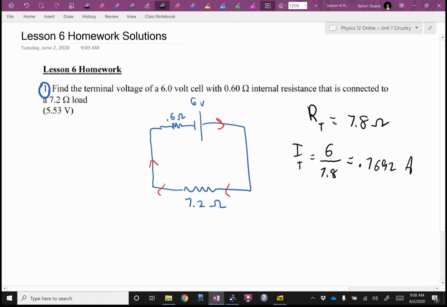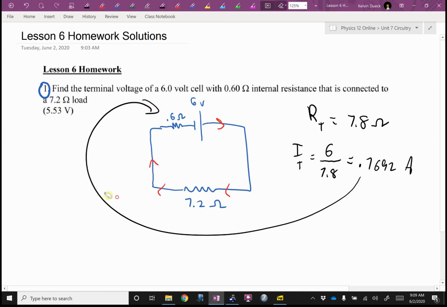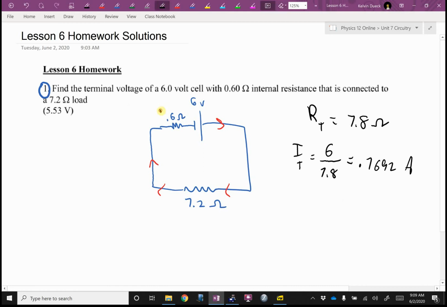So that means I have 0.7692 amps going through that 0.6 ohm resistor right there. So the terminal voltage is going to be 6 volts minus I times little r.